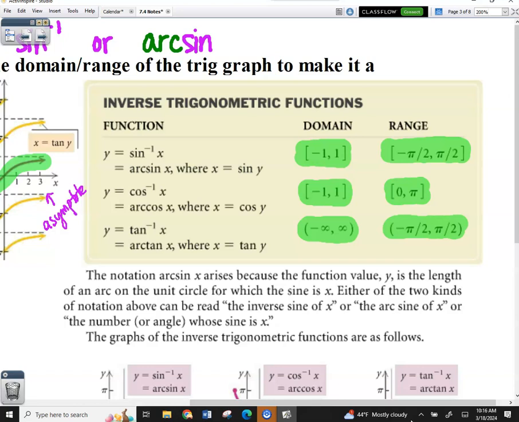The right side, quadrants 1 and 4 look bolder. And then on the bottom right, quadrants 1 and 2 look bolder. Do you notice that? That's me letting you know what quadrants you're allowed to pull an answer from for those specific trig functions.